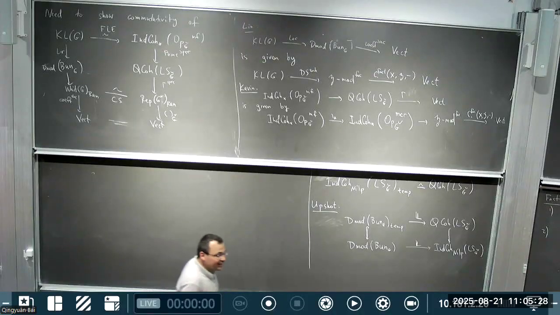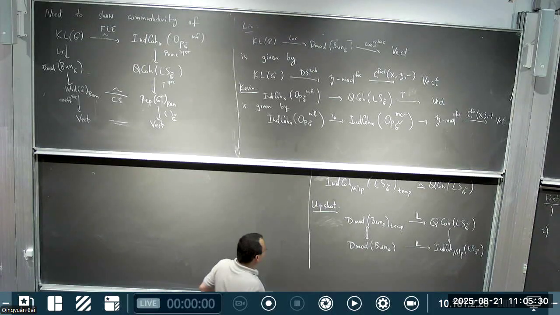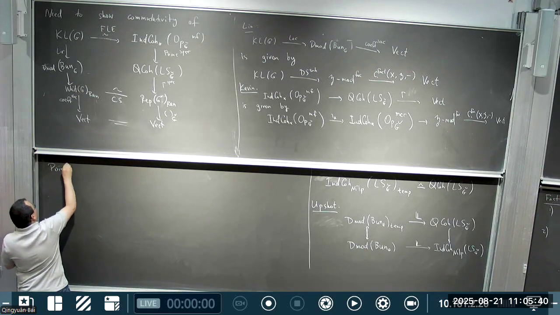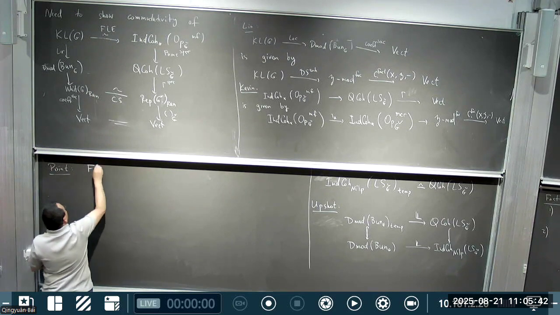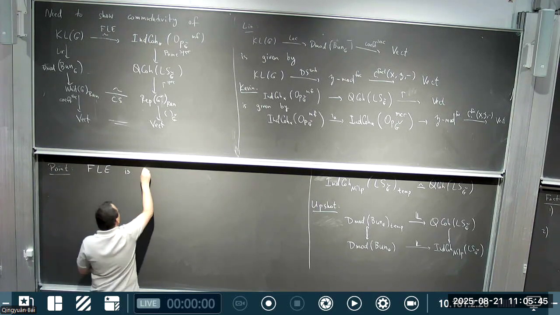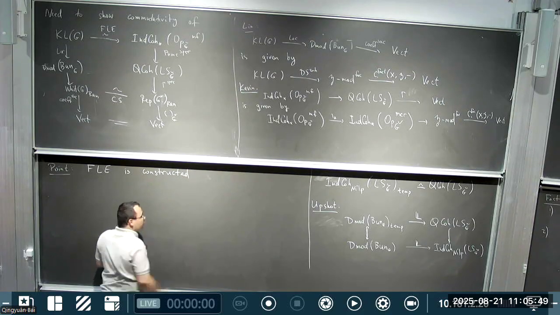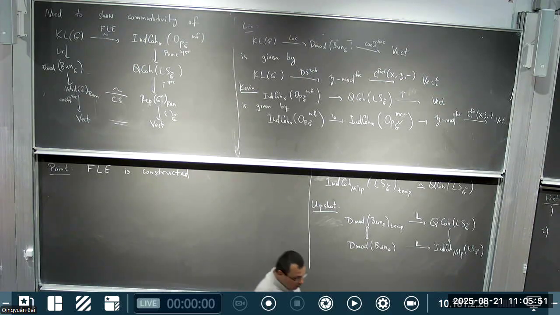Yes, I agree. So one way or another, we have to say something about FLE. The point is that FLE is constructed, so we have to slightly open the box of the construction of the FLE.